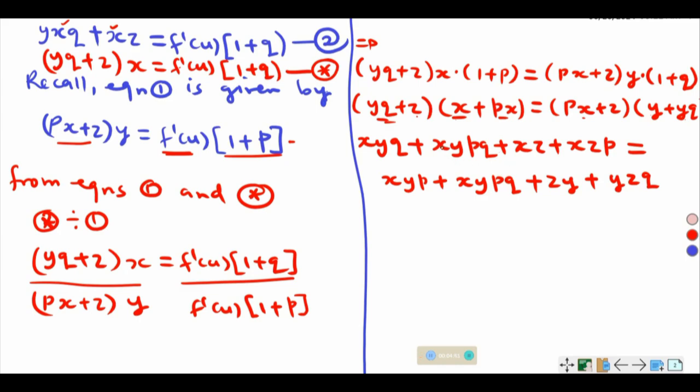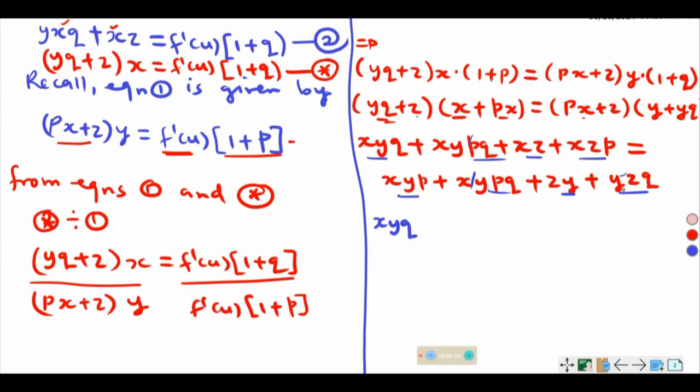So we can now easily relate these two, because we are equating. This one is equal to this, so we realize that this one and this one are common, so they will cancel out, and we shall simply remain with xyq, xz, xzp, xyp, zy, and yzq. So let us try to bring all these terms to our left hand side. So we shall have xyq.